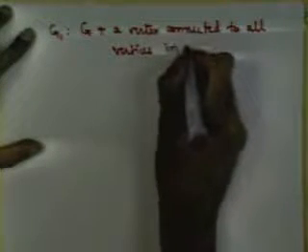G1 is G plus a vertex connected to all vertices in G. Now supposing G1 has a perfect matching, then what can you say about G?